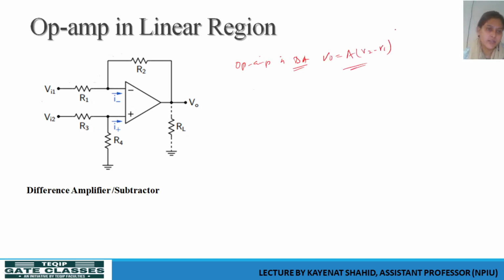This kind of thing we have already talked about. Then why are we not using the operational amplifier directly as the difference amplifier, and why are we actually using this circuit? It has a certain impact of resistance values. Because of the very high input impedance of the op-amp, and also we know that in the open loop situation the gain is very high, which always tends toward the saturation region.